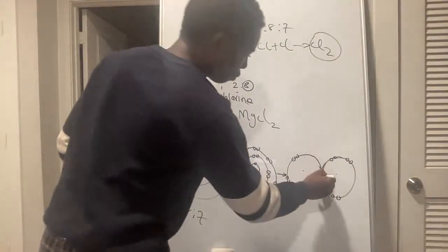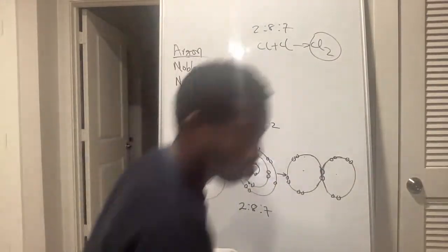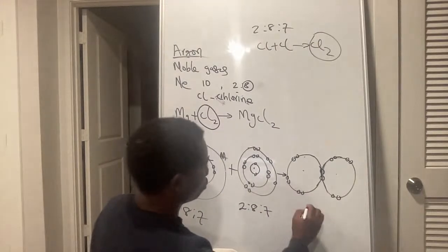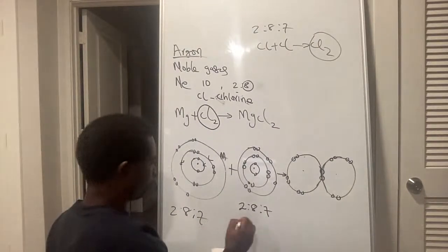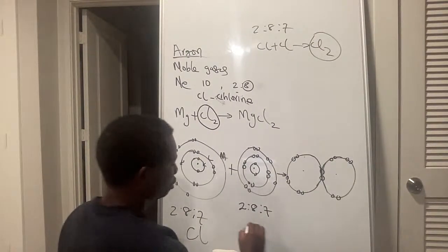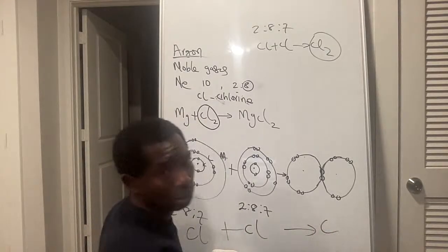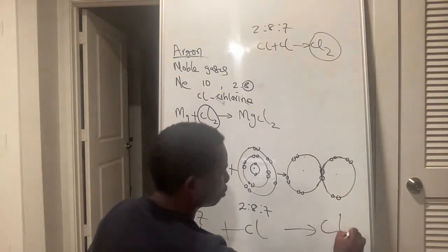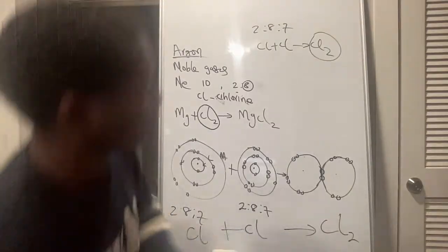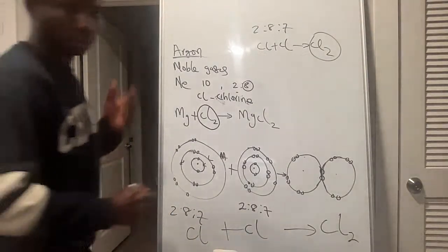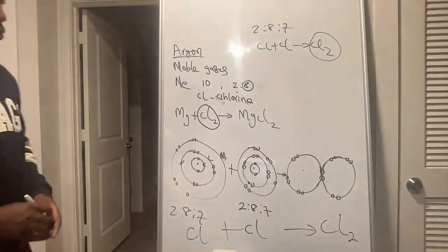The last electron comes here. So that is why it becomes, we should not forget, this is chlorine, this is chlorine. Combined, it gives chlorine. That is why we have 2 atoms of chlorine there.